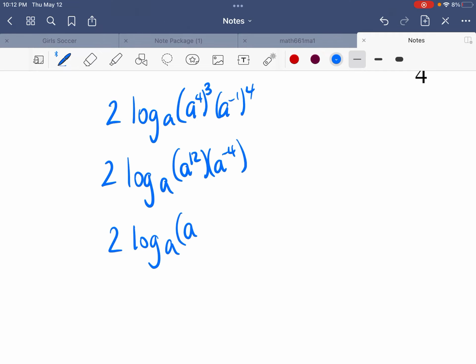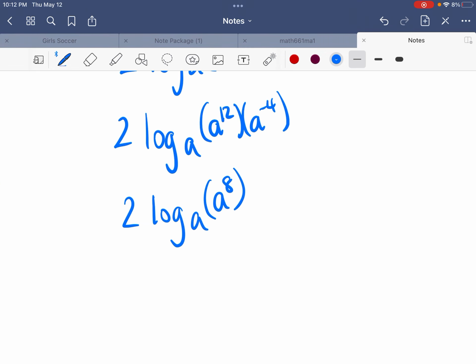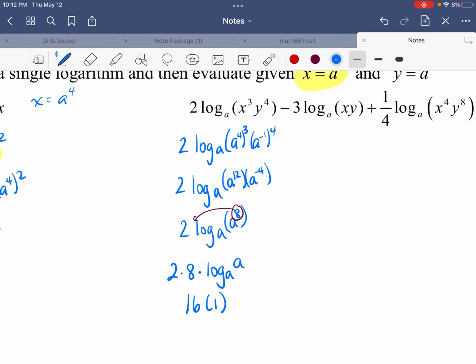And you're going to get a^8 if we add those two exponents. And then we can bring down the 8. So the first part here is going to become 2 multiplied by 8 multiplied by log a of a. And that simplifies to 16 times 1.